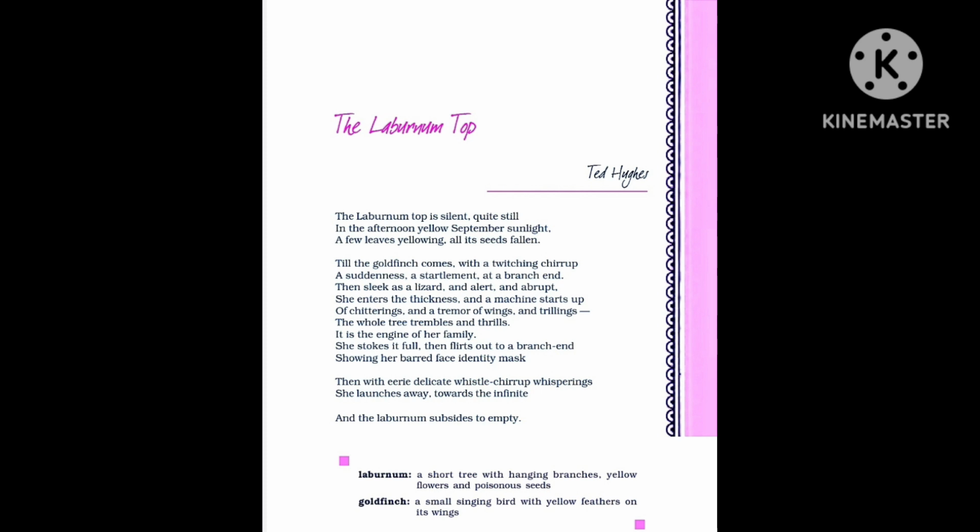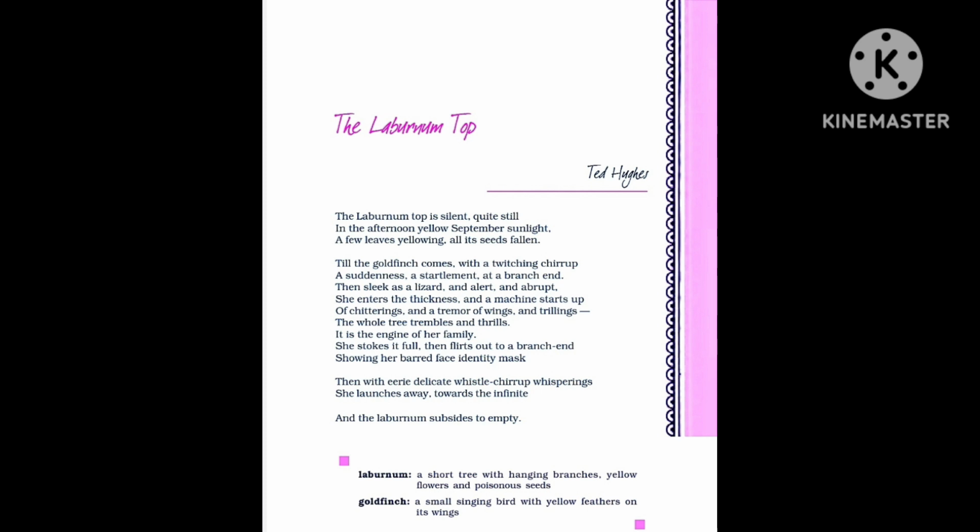The whole tree trembles and thrills. The whole tree started trembling. Trembling means started moving, started shaking, and it was filled with excitement. Thrill means excitement. Excitement comes when the movement starts, when the action starts, and the action of the tree started after the goldfinch entered and fed the birds inside the tree.